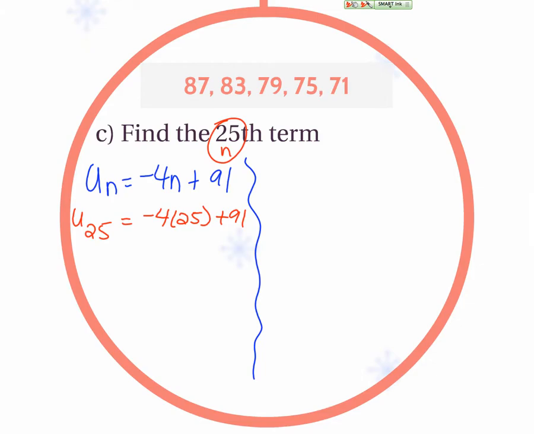And then after that, we can simplify. So using our order of operations, negative 4 times 25 is negative 100. And negative 100 plus 91 is negative 9.